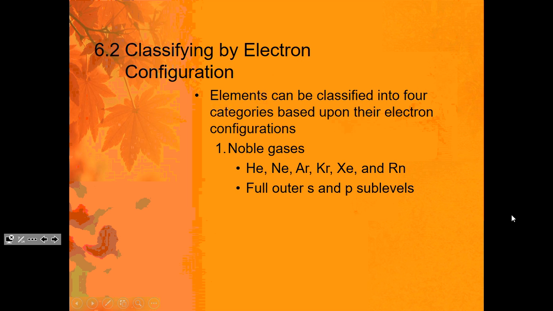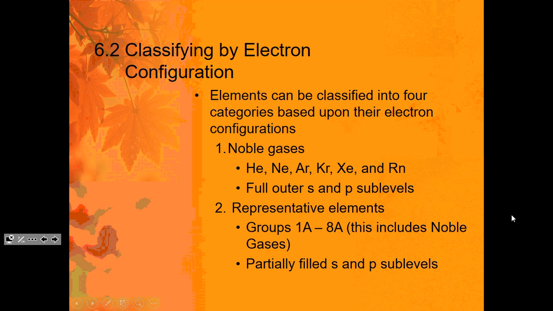The noble gases basically have a full outer S and P sublevel. The rest of the periodic table in the S and P block would be what are known as our representative elements. Most books will include the noble gases, but sometimes we treat them separately because when we say noble gas, we mean a specific group within the representative elements. All except the noble gases have partially filled S and P sublevels.